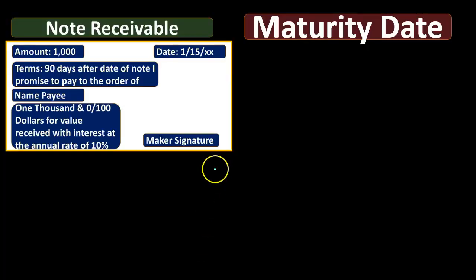Okay, so then we're going to figure out the maturity date. This can be a little bit more confusing than you would think, because if we're saying it's a 90-day note, and that the note date was 1/15, well, each month has a different number of days in it, so it's a little bit confusing to figure out when the actual date of maturity is. And this is actually a common problem.